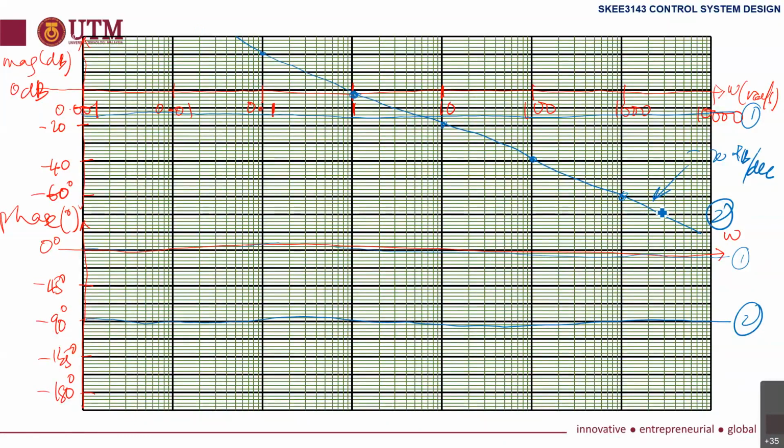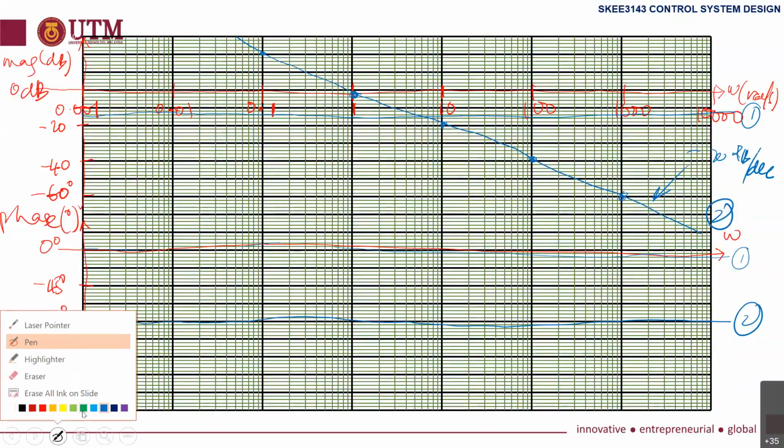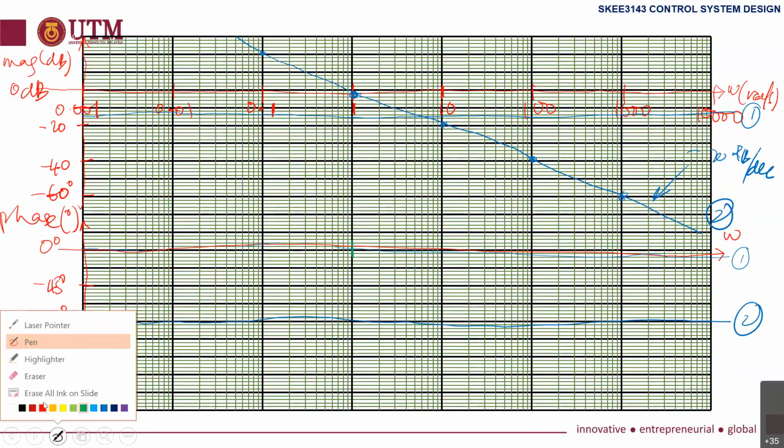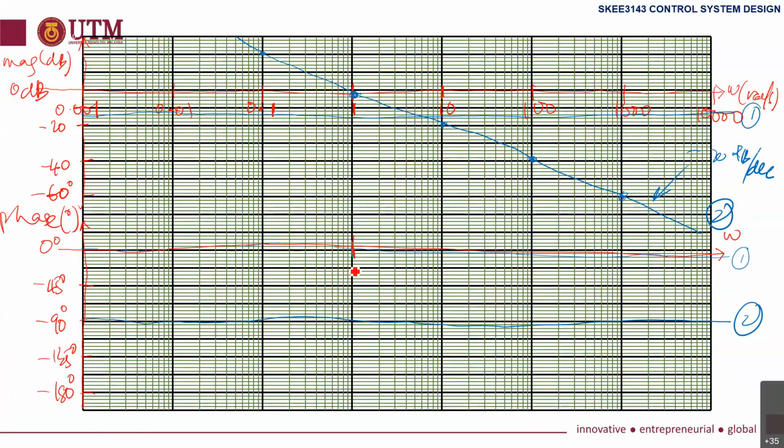Okay, the third component, 1/(s/5 + 1). The third component, as we know, has break frequency 5. Before I forget, how to read this: this is 1, here is 2, 3, 4, 5 until 10.